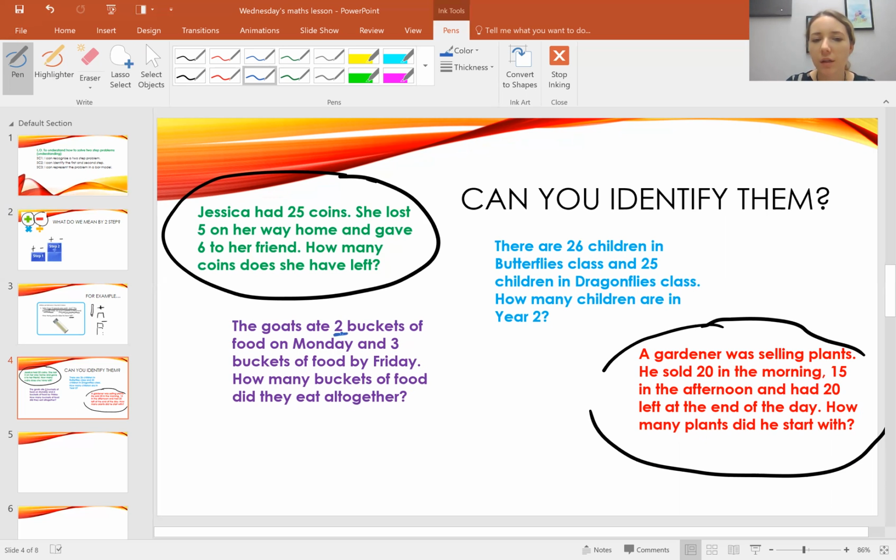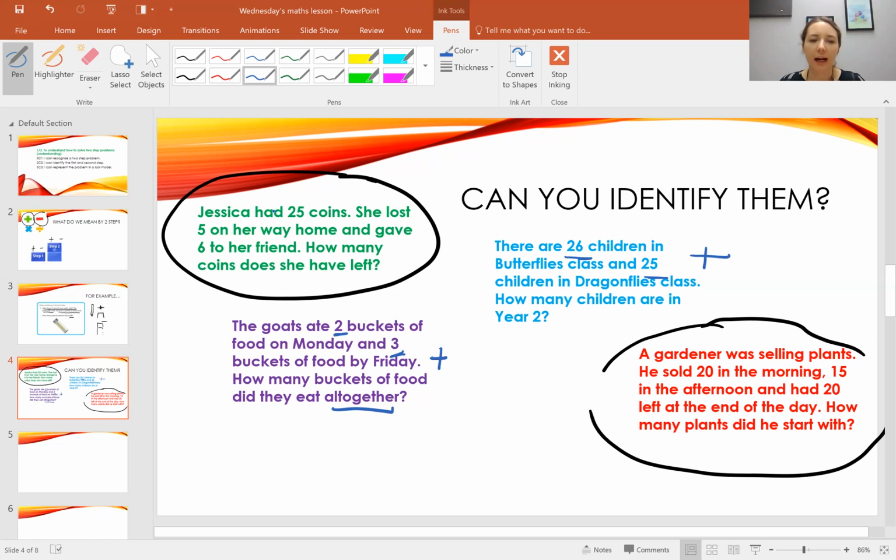There's only one thing that we need to do there, which is add those together to find out how much they had eaten altogether. And with the children, if there's 26 children in Butterfly's and 25 children in Dragonfly's, how many children are there in year 2 altogether? We just need to add again. So it's one thing that we've got to do.